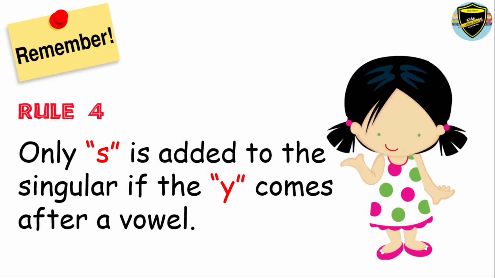Now, let's move on to rule number 4. And rule number 4 says, only S is added to the singular if the Y comes after a vowel. Children, in the previous rule, that is rule number 3, we understood if the word ends with Y and there is a consonant before that, then we remove Y and we add IES to it to form the plural.